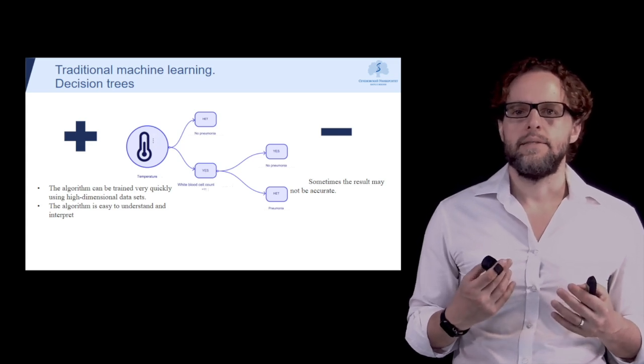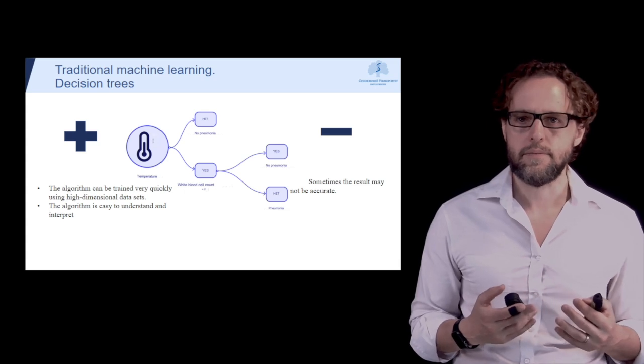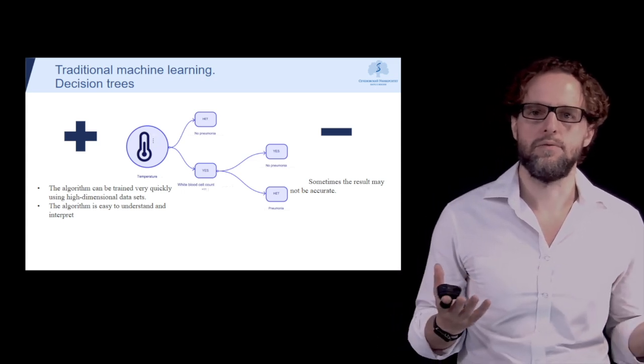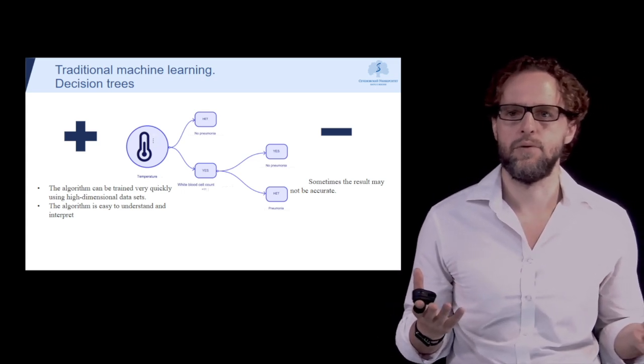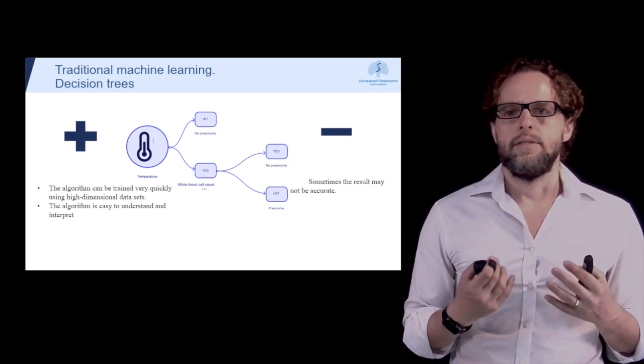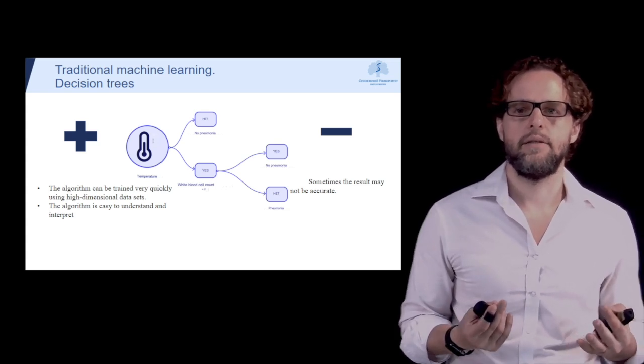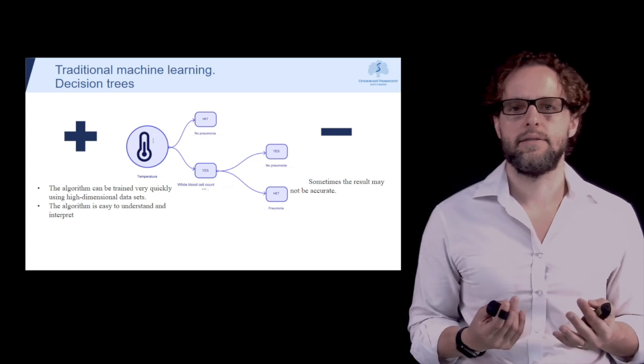The next algorithm is the decision tree. It's also called the basis of classification tree or regression tree. These are decision support methodologies used in machine learning, data analysis, or statistics.